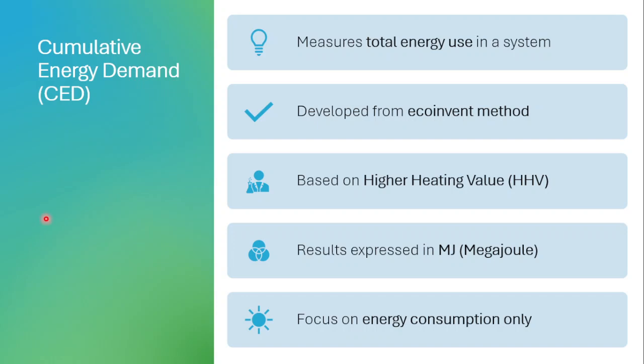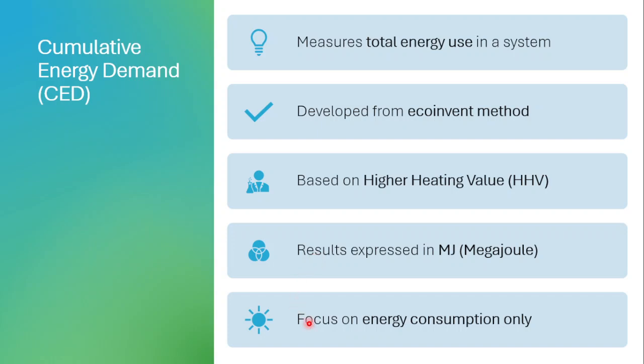I turn on the laser pointer and go to another approach, the cumulative energy demand, CED. The cumulative energy demand method is used to calculate the total energy required over the life cycle of a product system. It is based on the ecoinvent methodology and uses higher heating values, which represent the total energy content of the fuels.